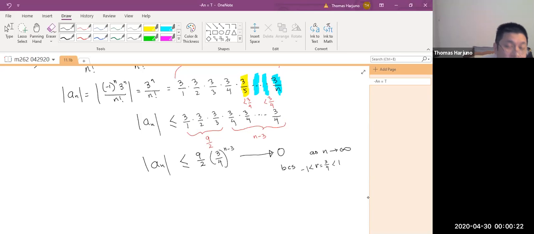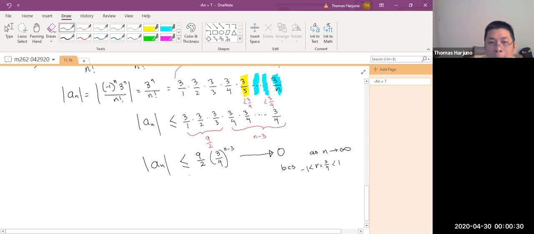Not later on, even in pre-calculus, we learned that as a geometric sequence. Now, it goes to 0, and because the absolute value of a sub n converges to 0, then the sequence itself will converge to 0 as n goes to infinity.